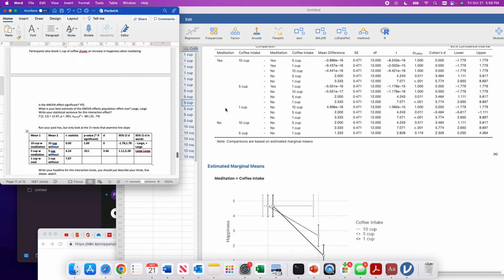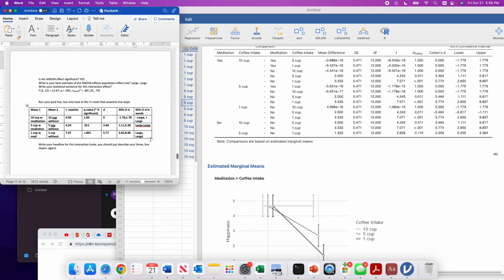You can see that yes 1 cup, no 1 cup. P-value less than 0.001. My Cohen's d is 5.77. 95% confidence interval of Cohen's d is 2.65 to 8.8. It was going to be 8.9, but you round up to 9.0. Always 2 decimal places, and that's large to large.